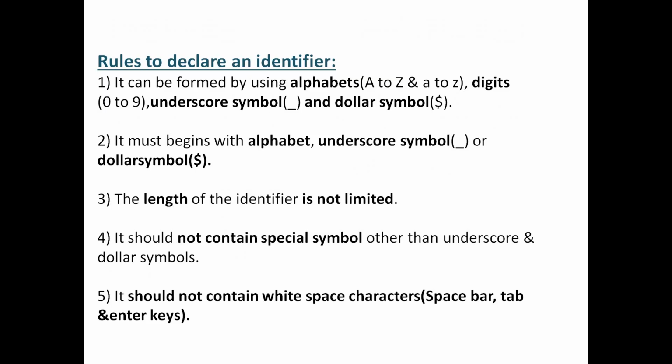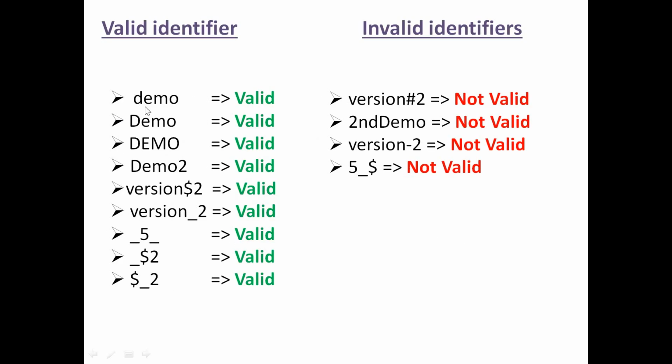Next we will see valid and invalid identifiers. If you see the first one, demo in small letters, this is valid. Here it starts with a capital letter and ends with small letters, this is also valid, and this is totally capital, also valid. And demo2 is also valid, it starts with a capital letter and ends with a numeric.